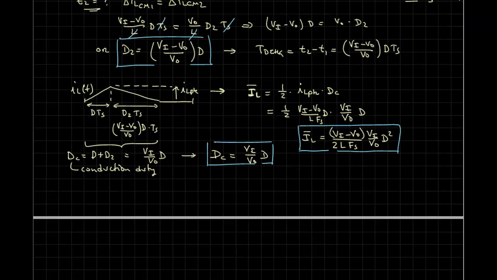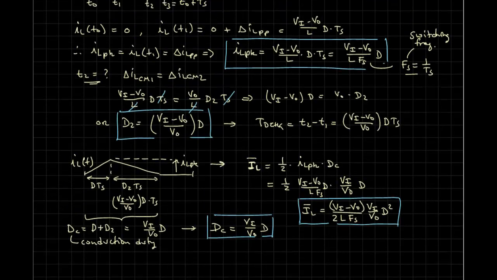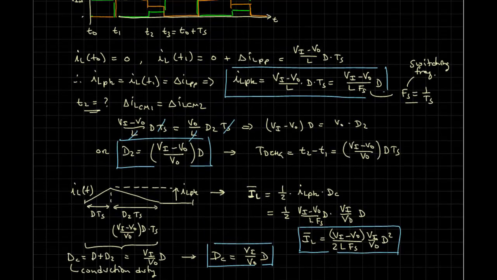Okay, so this is an interesting result because what we find now is that for the discontinuous conduction mode, controlling the duty cycle doesn't directly control the output voltage or force the output voltage. Instead, it programs a particular average output current.